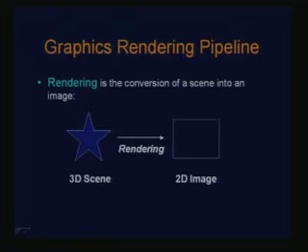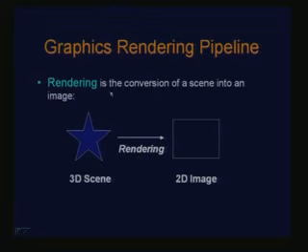Okay. So, now if I take a very gross picture of what we are talking about in computer graphics, then I can look at this as a rendering process, where I have a definition of a 3D scene, which in turn gives me a 2D image through this rendering process.